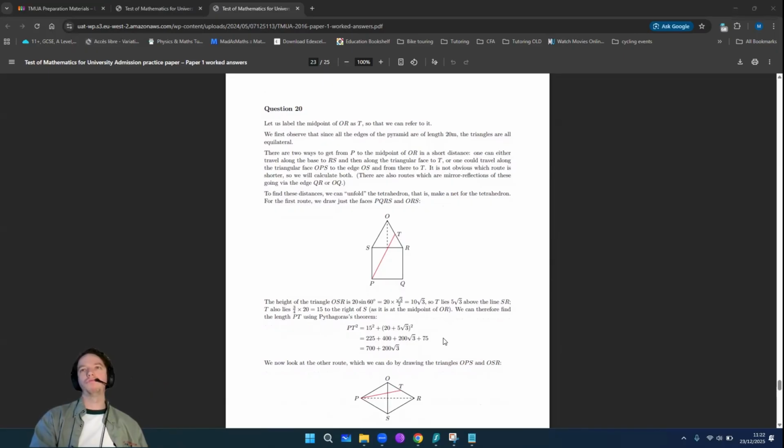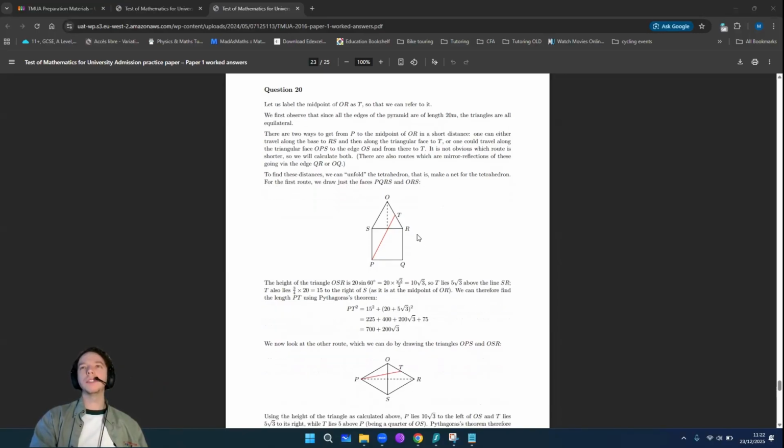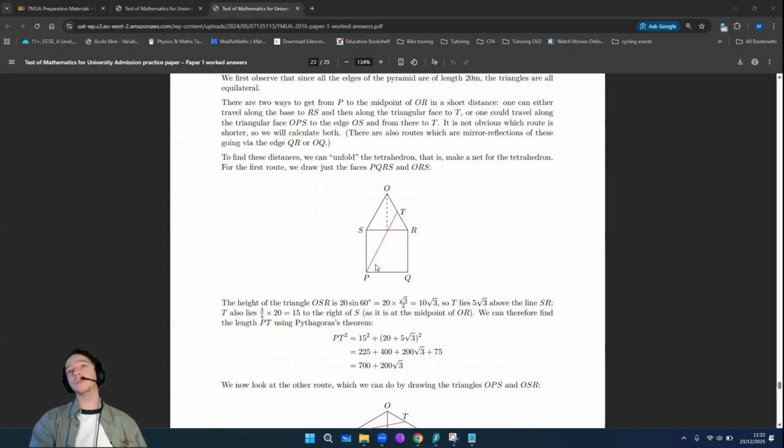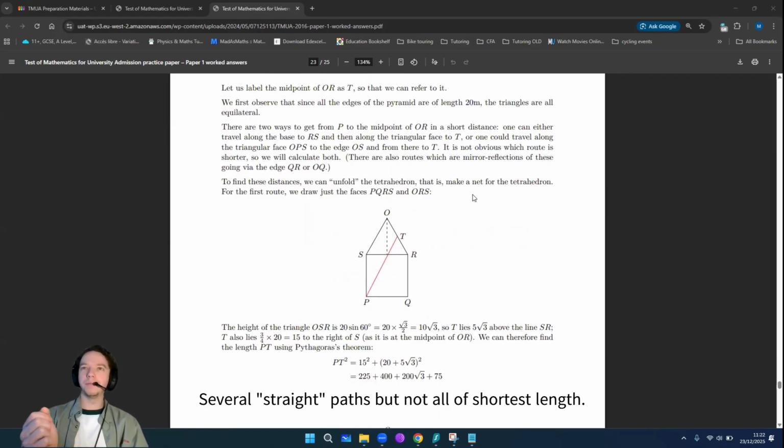Okay, so that's interesting. There are several options. You could go through the square. Oh, that's interesting. The solution considers these two nets.